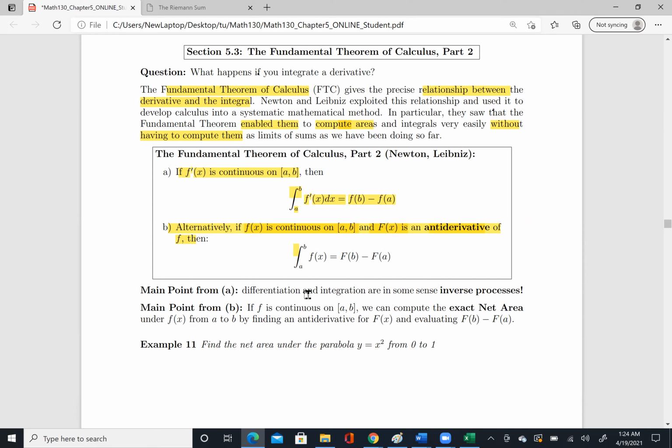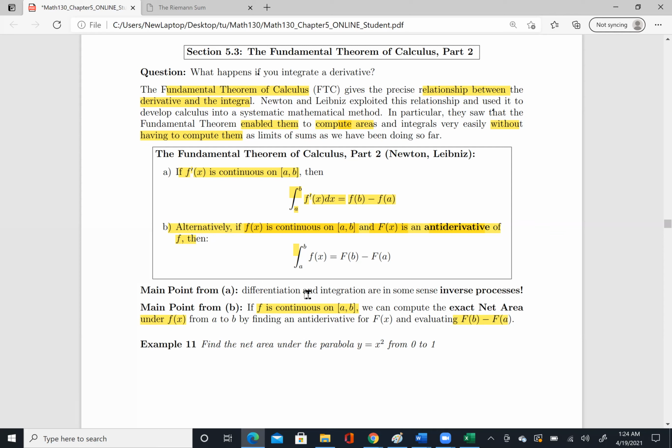And what's the main point from part B? If f is continuous on a to b, we can compute the exact net area under f of x from a to b by finding an antiderivative for f of x and evaluating F of b minus F of a.